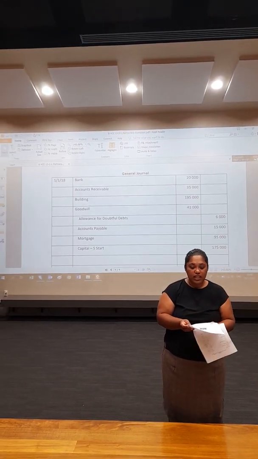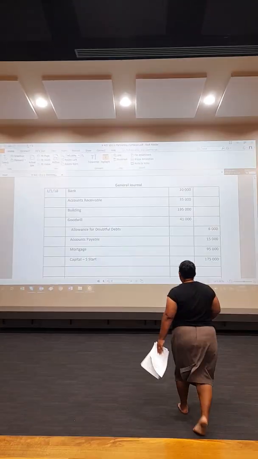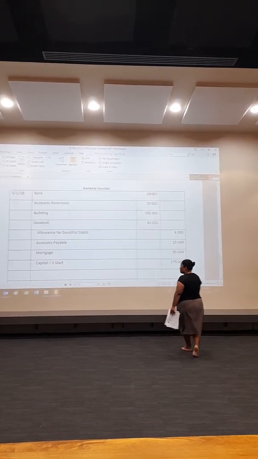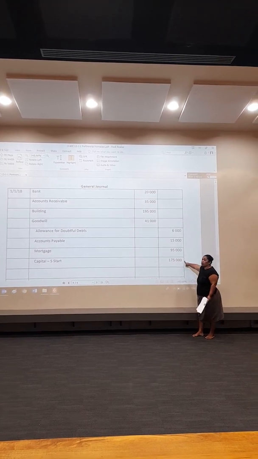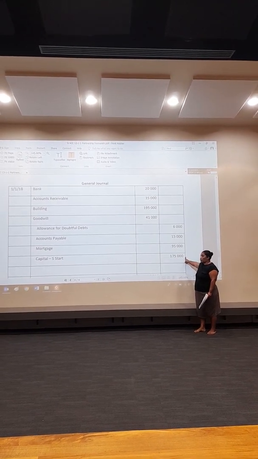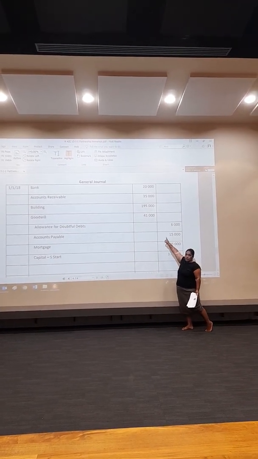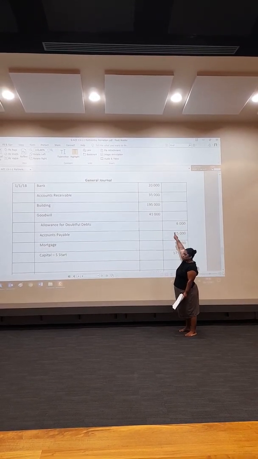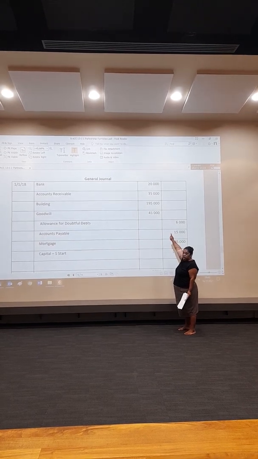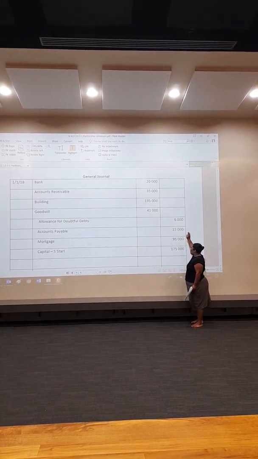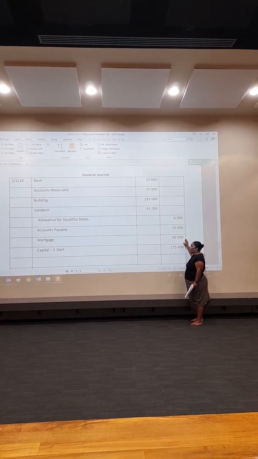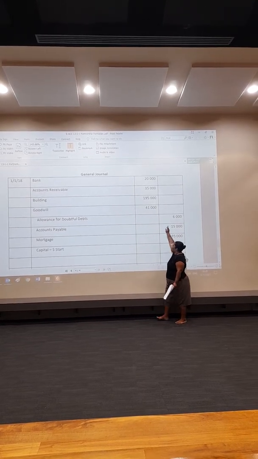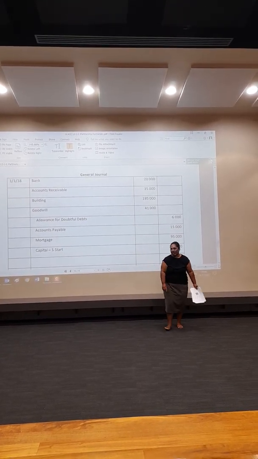They've all come together and agreed that what he's bringing into the new partnership is worth 175. So you would have found that 20 plus 35 plus 195 minus 6 minus 15 minus 95 minus 175 would have given you that 41,000.